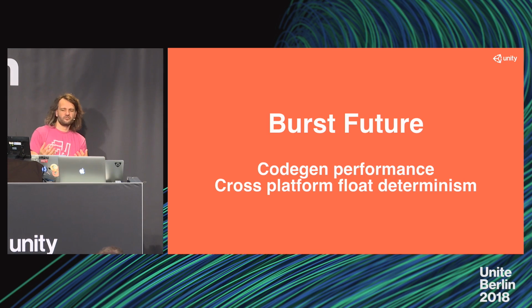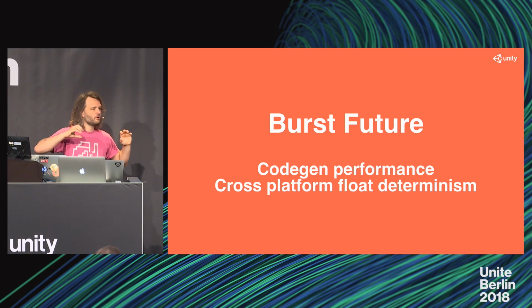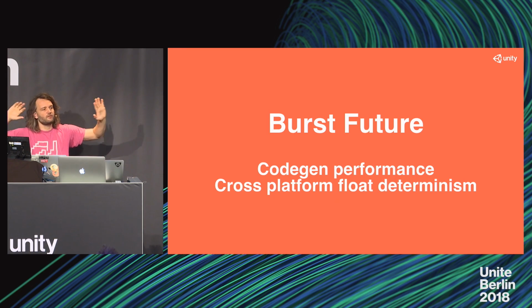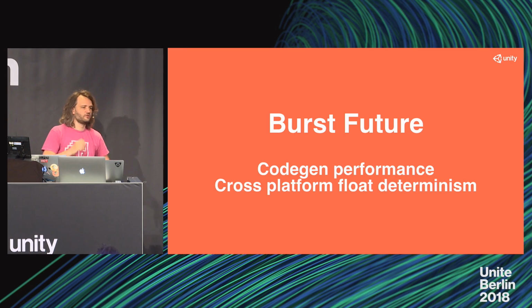And then the second one that we're looking at now is cross-platform floating point determinism. So that's one of the really big promises of the Burst compiler, that we can write floating point math code, and we can, with an attribute, simply say, we would like to run that exactly the same on every platform. So between a Linux box and an iPhone, we can run floating point math code and produce exactly the same thing.